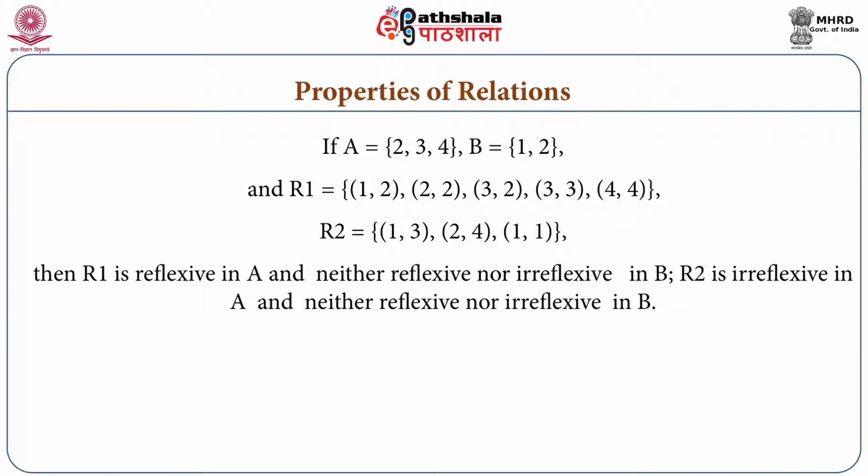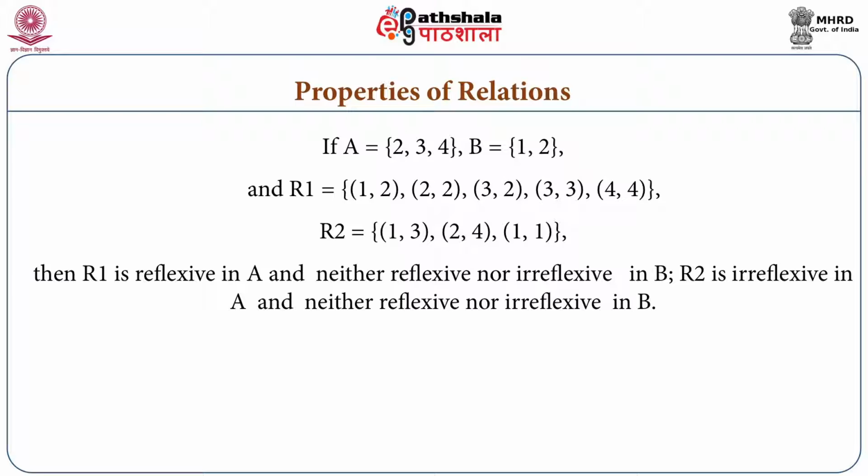A is not possible. So let us look at some concrete example. If we have a set A having 3 members 2, 3, 4 and another set B having 2 members 1, 2, then we can define a relation on A. That means Cartesian product of A into A will give us these numbers 1, 2, 2, 2, 3, 2, 3, 3 and 4, 4.